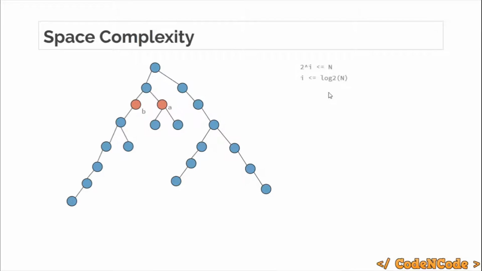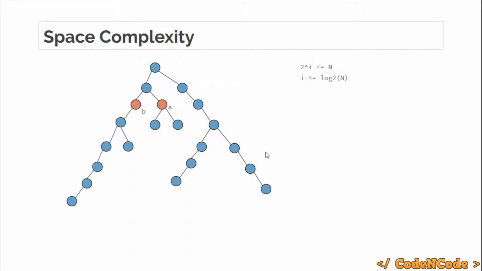The reason: suppose I is the highest power of 2 which we need to save for a node, because we are saving parents which are powers of 2. So I is the highest power of 2 such that 2 to the power I is less than or equal to n. If you take log base 2 on both sides, I would be less than or equal to log n.